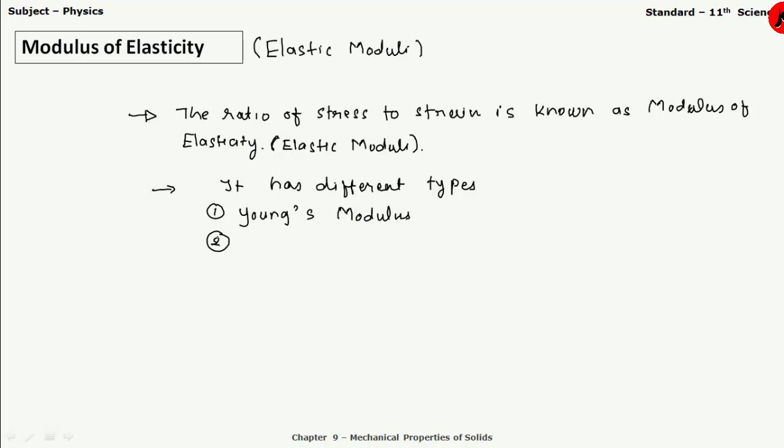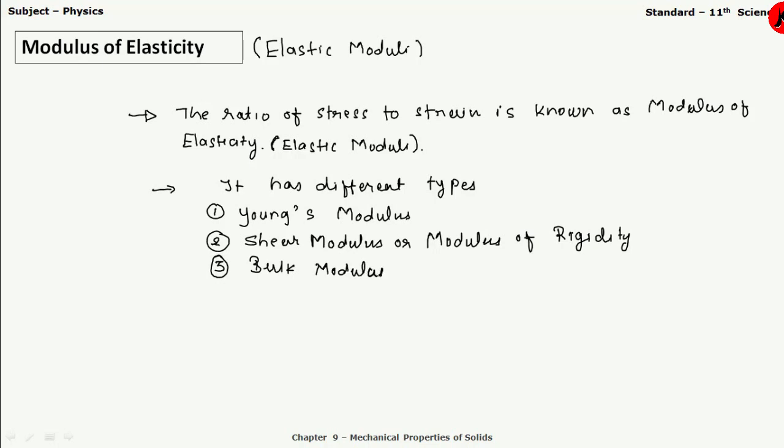The second one is shear modulus, or you can say modulus of rigidity, and the last one is bulk modulus. So it has three different types. First is Young's modulus, second is shear modulus or modulus of rigidity, and third is bulk modulus.